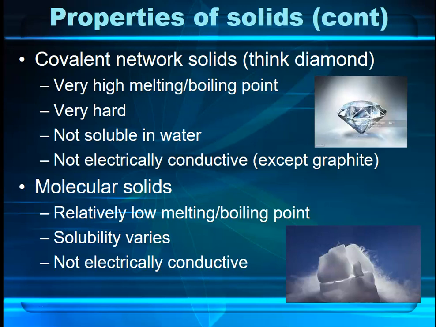And finally, we have molecular compounds, of which there are a lot, and their properties really are quite variable and much harder to put a general kind of a rule on. But they have typically lower melting and boiling points. Most of the things that you know of that are gases or liquids at room temperature are going to be molecular compounds.